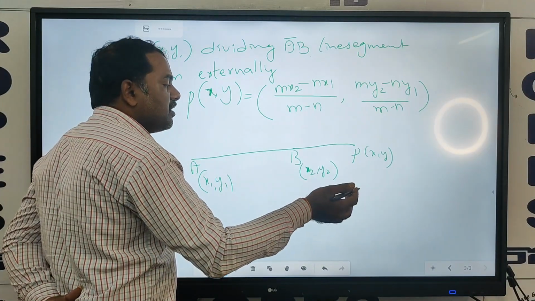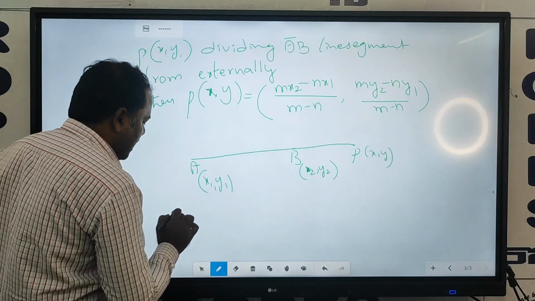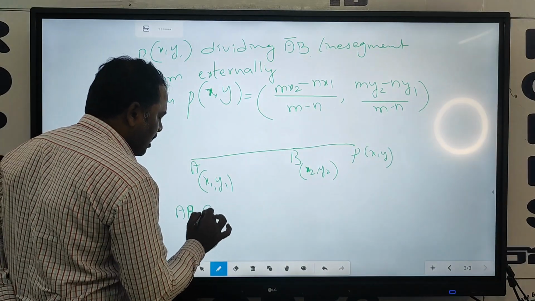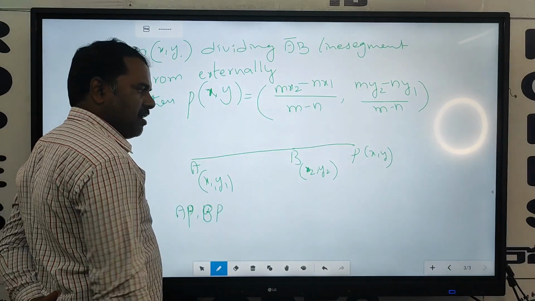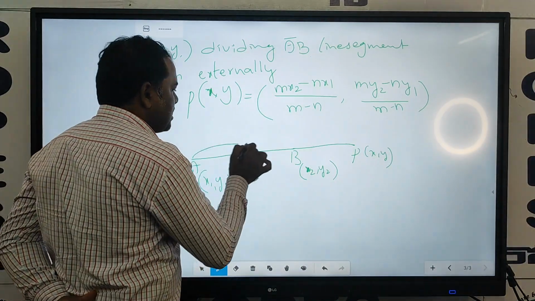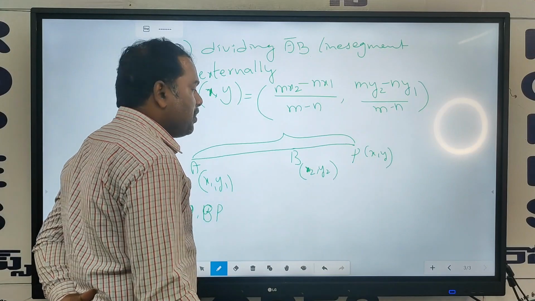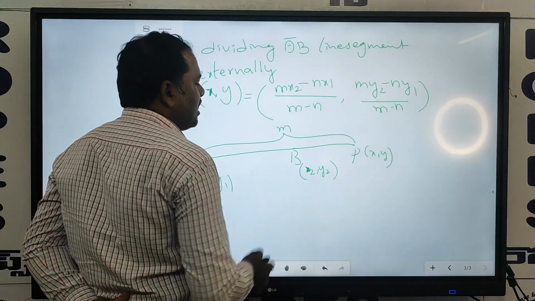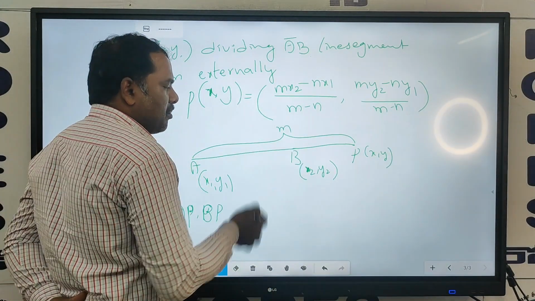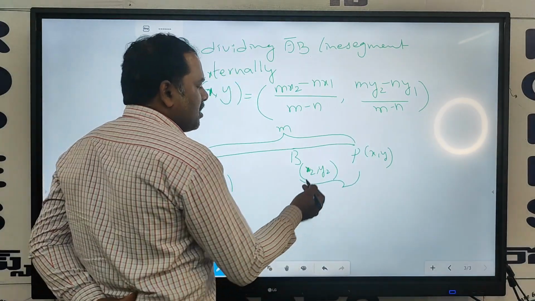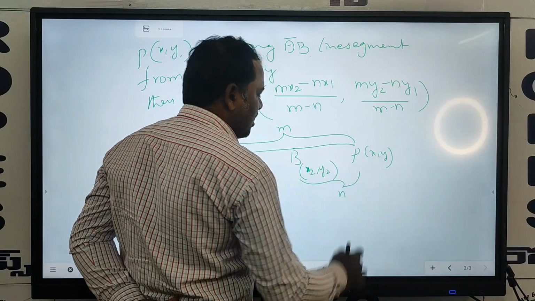That is how it is dividing. See here, one is AP, another one is BP. It is the distance. So AP value is M, and BP value is N.